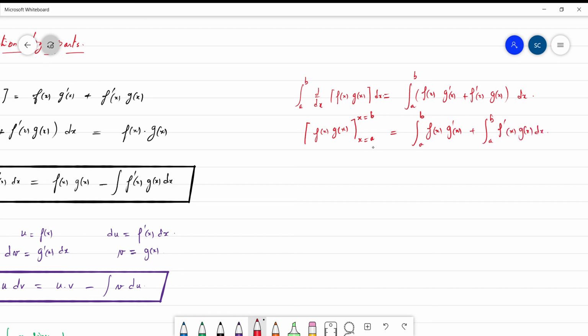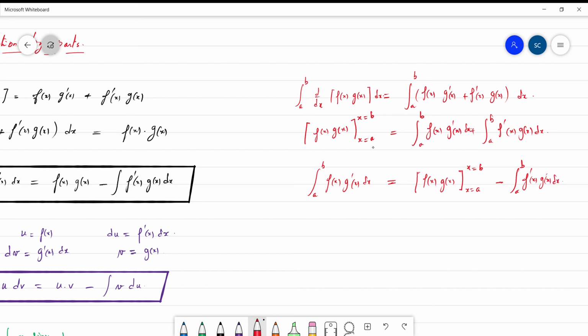So if we have definite integrals, we will obtain, there is a dx here that I missed, the integral of f(x) g prime(x) dx equals f(x) g(x) taken between x equals a and x equals b, minus the integral from a to b of f prime(x) g(x) dx.